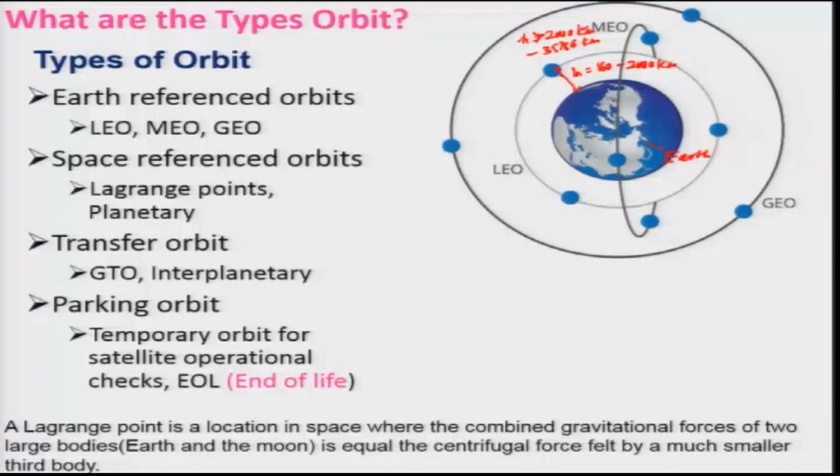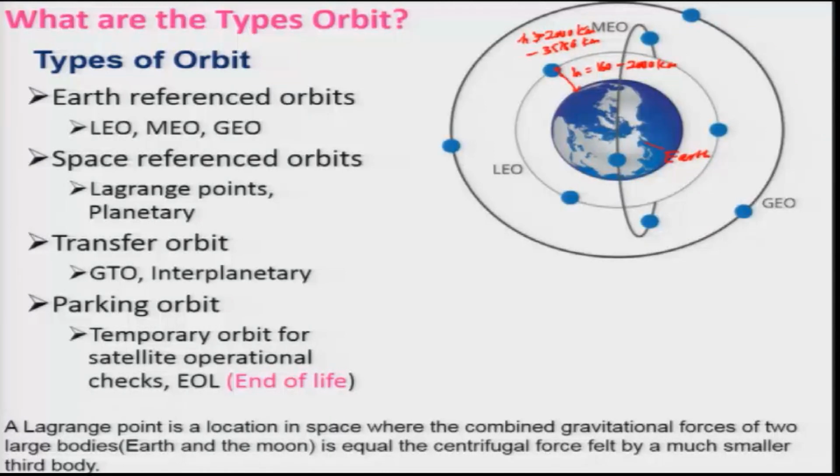Besides this, whenever we want to place a satellite in orbit, we have to look at how to transfer the orbit. Generally, we use various kinds of transfers: elliptical orbits, Hohmann orbits, and others to transfer a satellite from one orbit to another. Interplanetary orbits are also used to go to other planets.